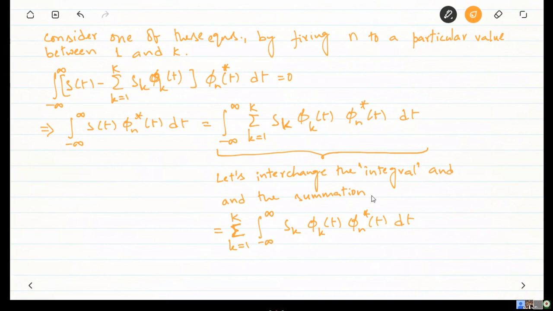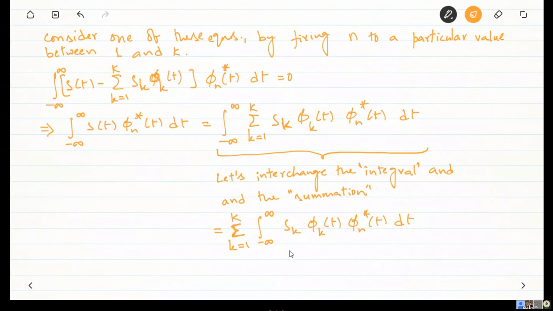Right? So here, let me tell you something important: can we always interchange these two signs? I'm not going into those details because we don't have much time, but you should know from your math courses that we cannot always interchange the integral with the summation. See, here first comes the integral, then the summation. Here we just interchanged it, so we first got the summation and then the integral, right?